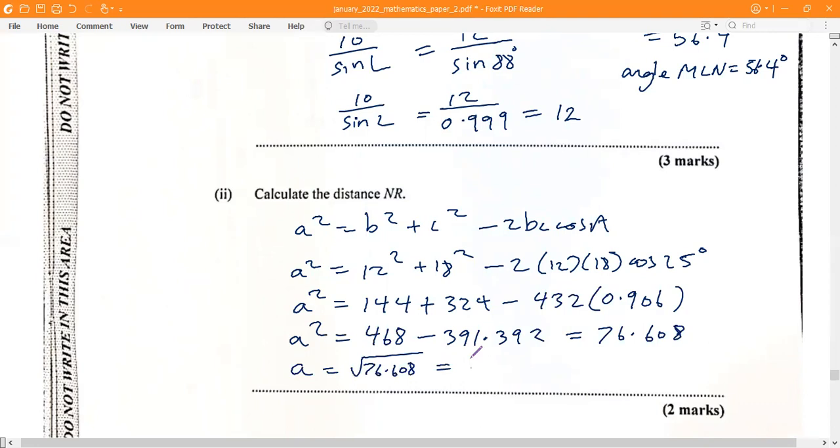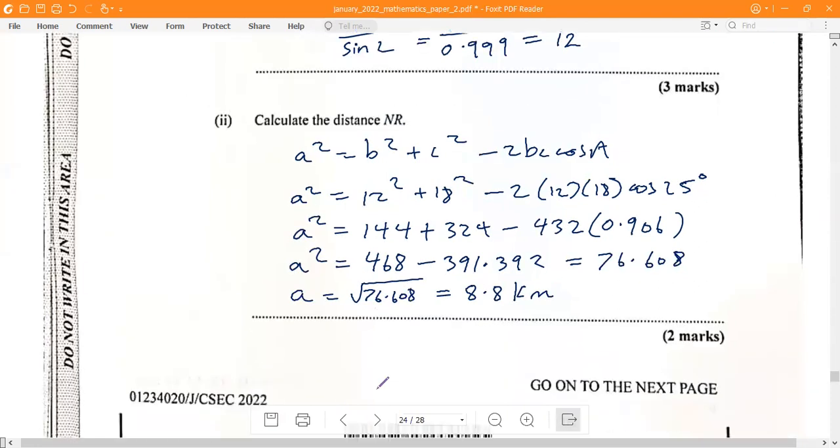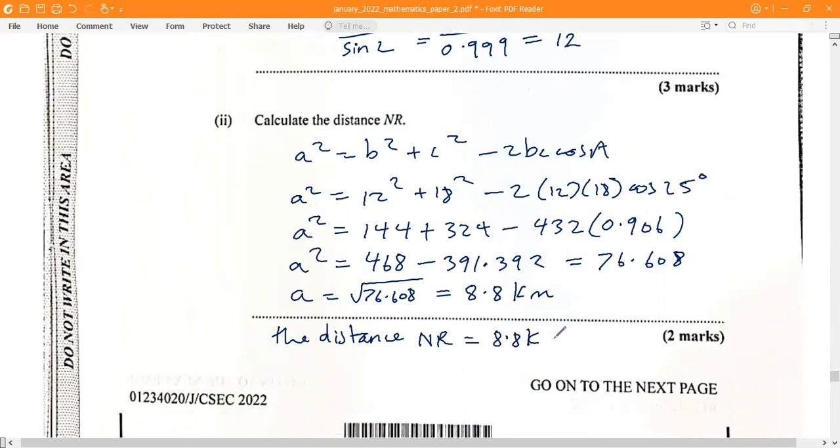The square root of 76.608, I get 8.8 kilometers to one decimal place. So therefore, the distance NR will be equal to 8.8 kilometers.